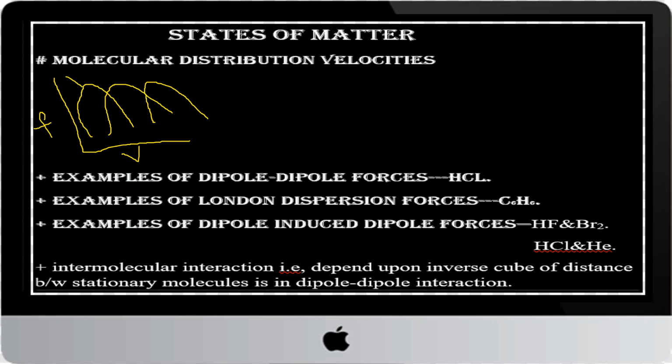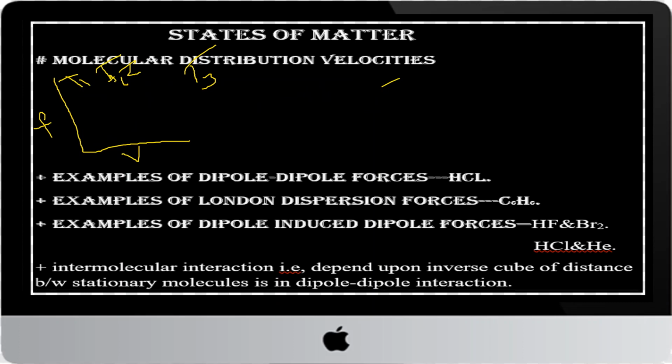They are represented as T1, T2, T3. And if they ask for the relation, it's T3 greater than T2 greater than T1. This is the relation for the first distribution curve.